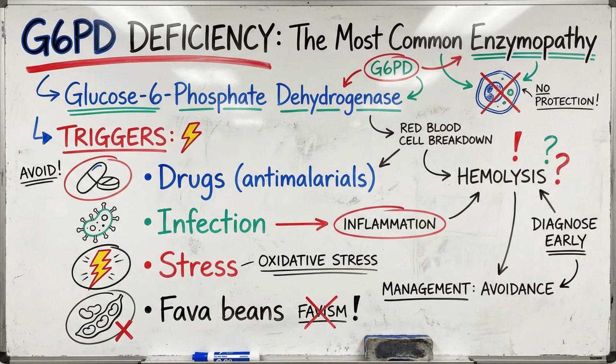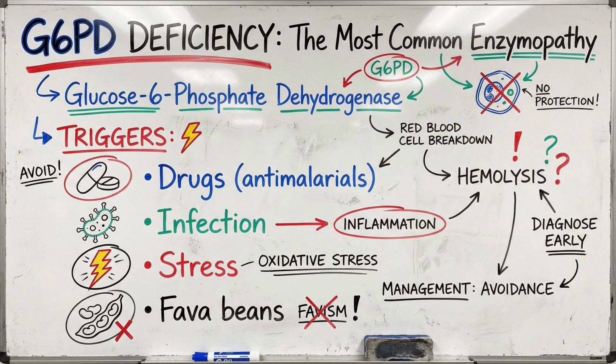So let's kick off our discussion of enzyme defects with the big one, glucose-6-phosphate dehydrogenase, or G6PD deficiency. This is the most common red blood cell enzymopathy globally, and it's a classic example of how a seemingly small genetic flaw can lead to big problems when the cell is stressed. Remember how we talked about enzymes being the cell's defense system? Well, G6PD is a key player in that defense, specifically against oxidative stress.